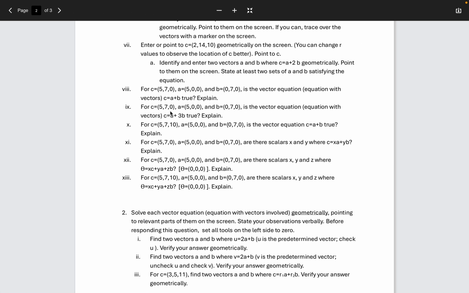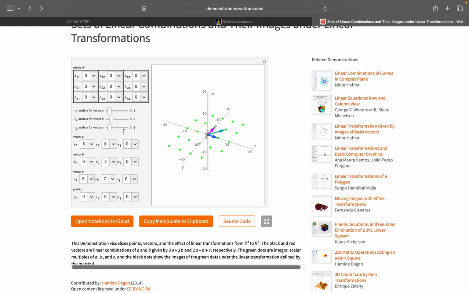Next up is 5, 7, 5 and 7, and the vector equation with scalars, B is 3. So for B, it is this one, 1, 2, and 3.